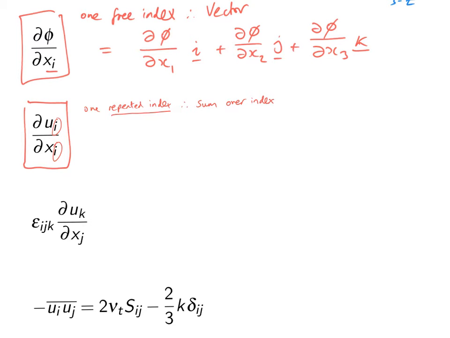So this becomes du1 dx1 plus du2 dx2 plus du3 dx3. And because it's a repeated index, it equals a scalar quantity.